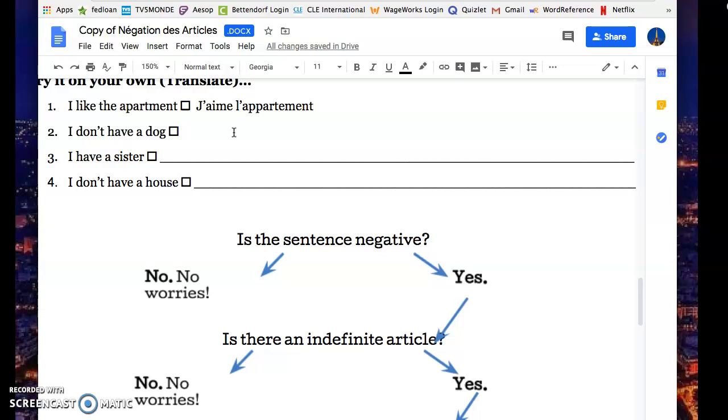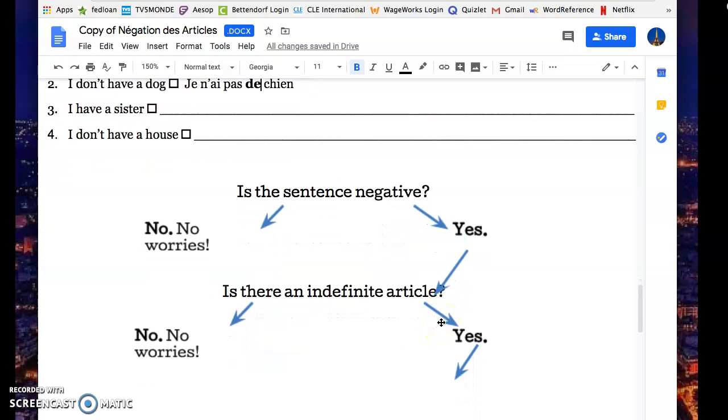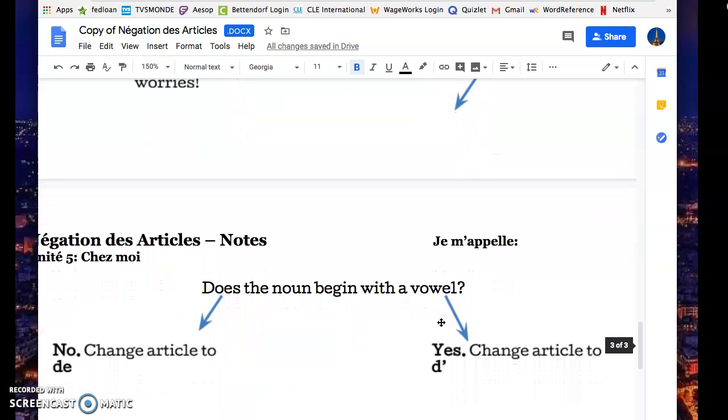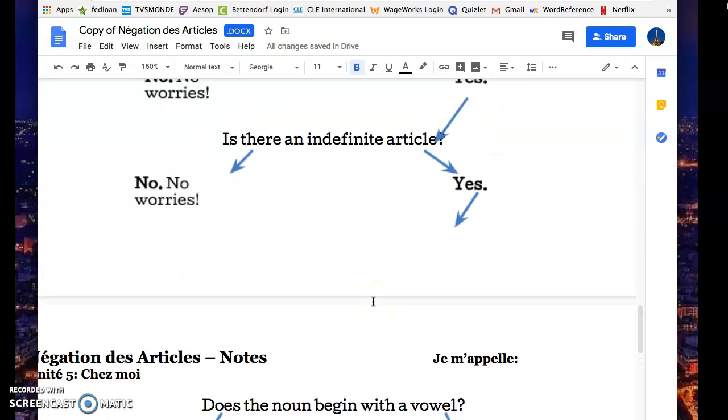I don't have is going to be je n'ai pas. A dog would be un chien, but since we know from our flowchart we're going to get weird, you're going to have to change un to that weird de thing. To answer our very last question on the flowchart, does the noun begin with a vowel?